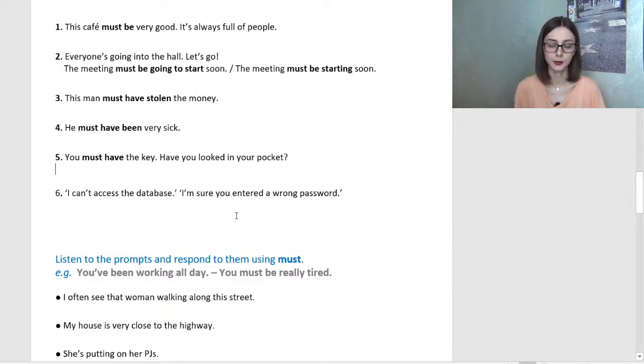So number 6. I can't access the database. I'm sure you entered a wrong password. How can you say it in a little bit different way? So, I'm sure you entered the wrong password.